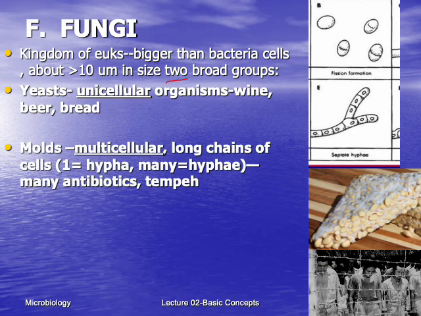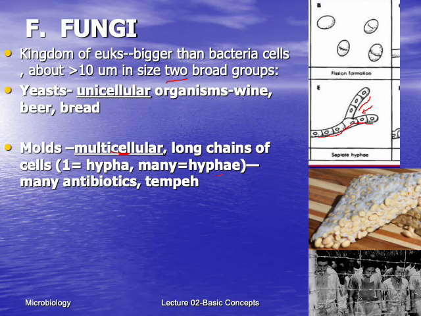Here's an example of a multicellular microbe, the molds. They're long chains of cells. In this drawing, you have these chains of cells stuck together. They're not unicellular. These are called molds, and each chain is called a hypha, and many are hyphae.